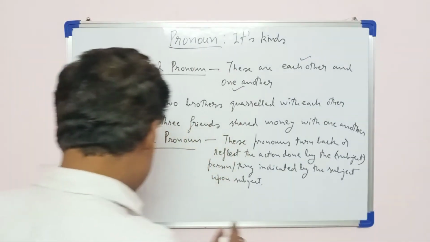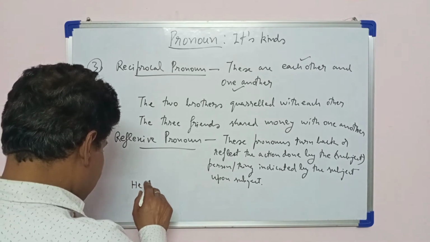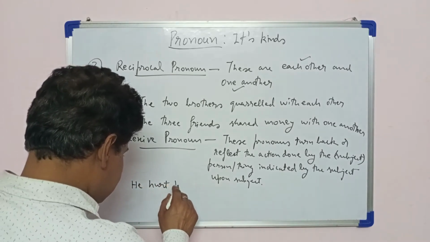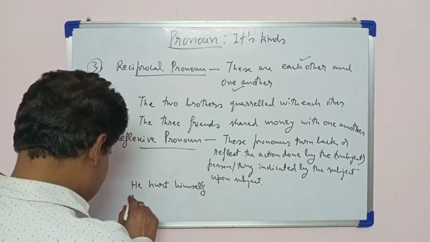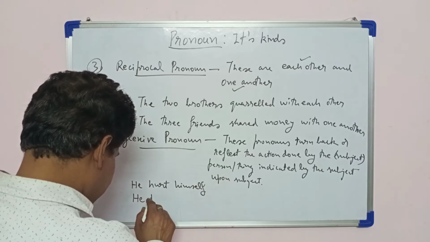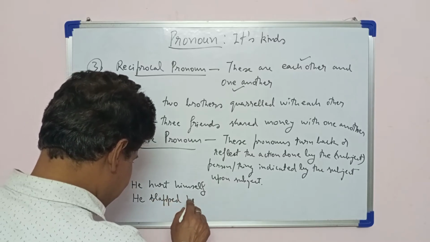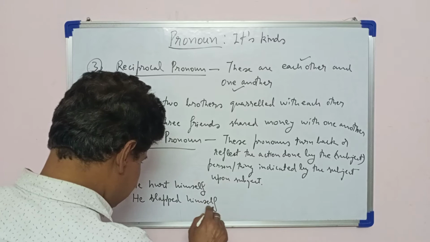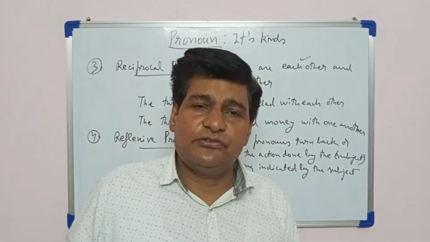So let's understand. He hurt himself. He slapped himself. So here you can see that the action is reflected back to the subject.